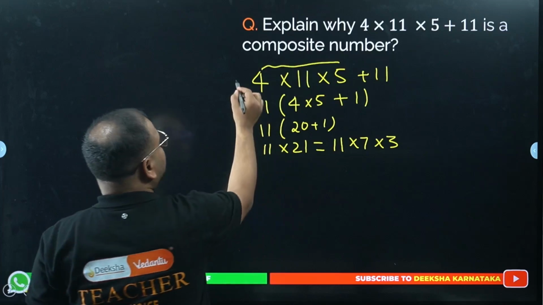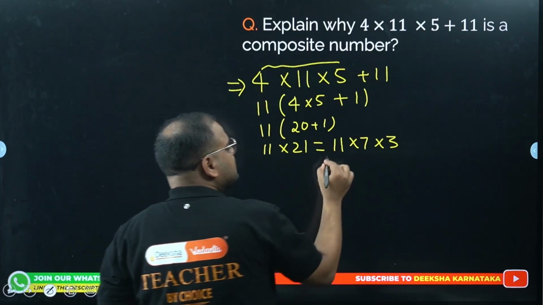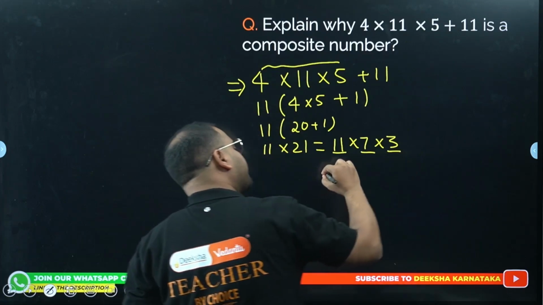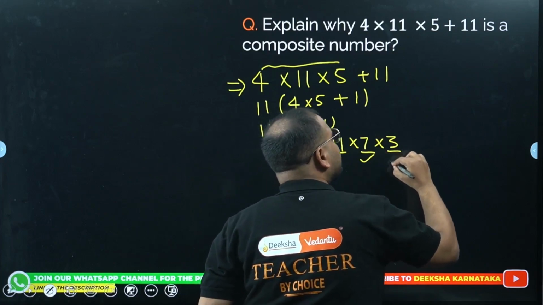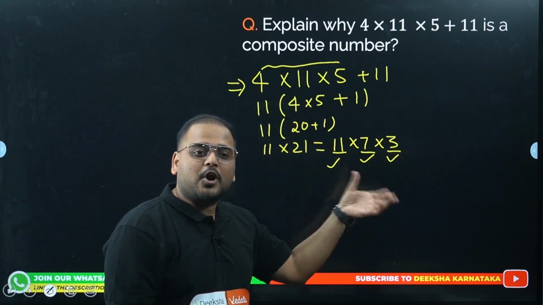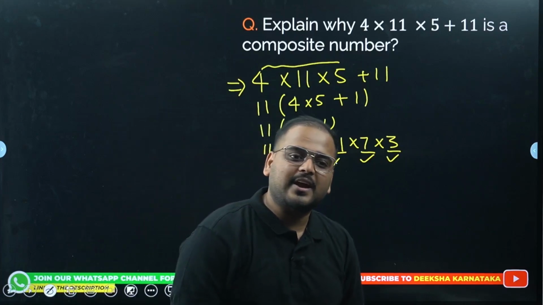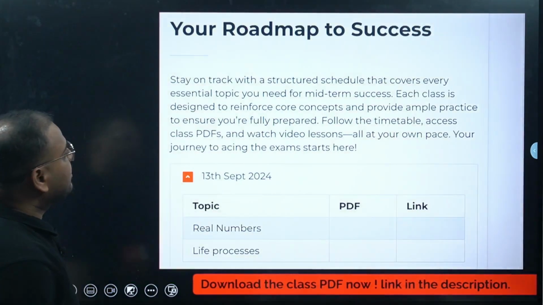The question that we took is now written as 11 times 7 times 3. Is 11 prime? Yes, sir. Is 7 prime? Yes, sir. Is 3 prime? Yes, sir. So the given number is written in the form of product of prime. So we can say what? It is a composite number. Very simple, right? Very simple. Excellent. Let's move on to our next problem.